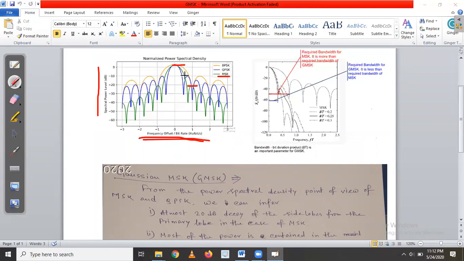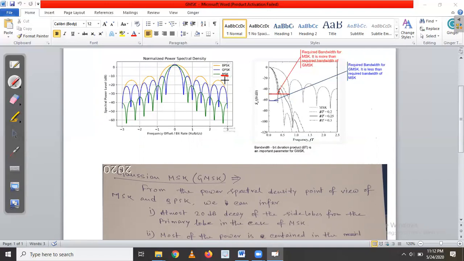The second and third lobes are also secondary lobes. So most of the power, and therefore most of the information, is contained in the first lobe for MSK.